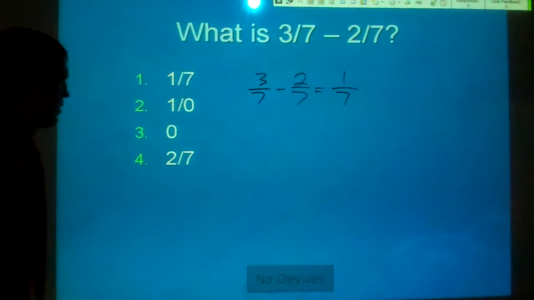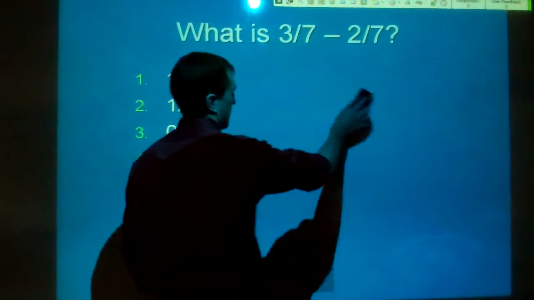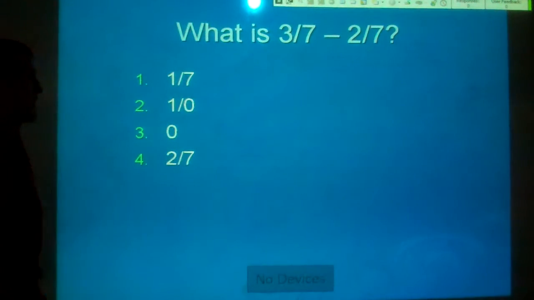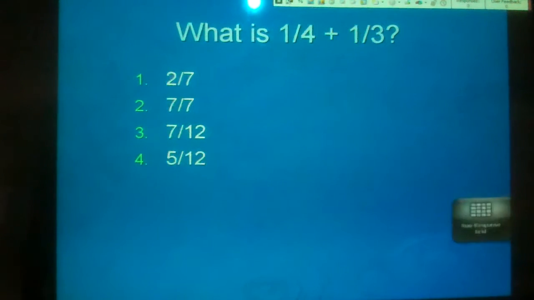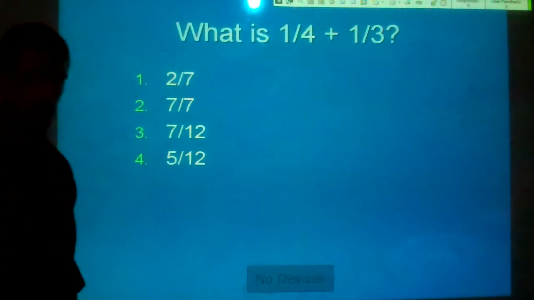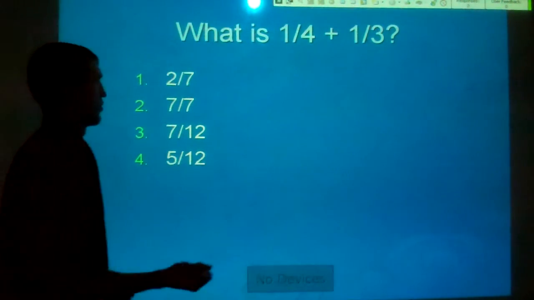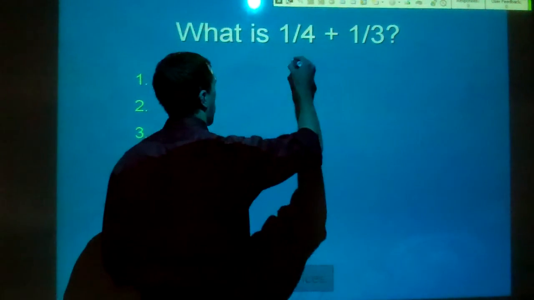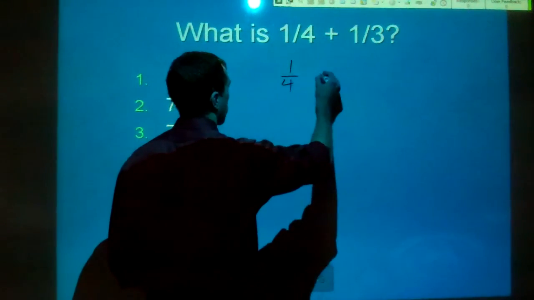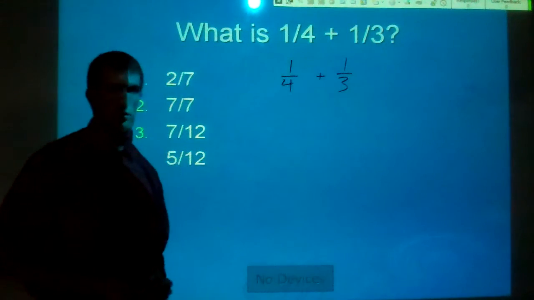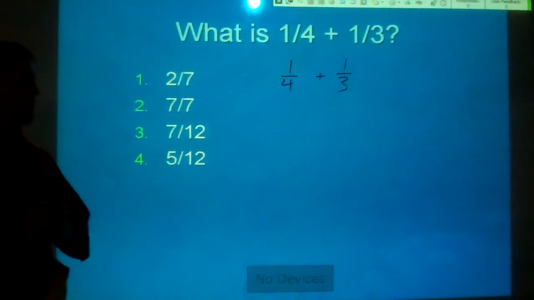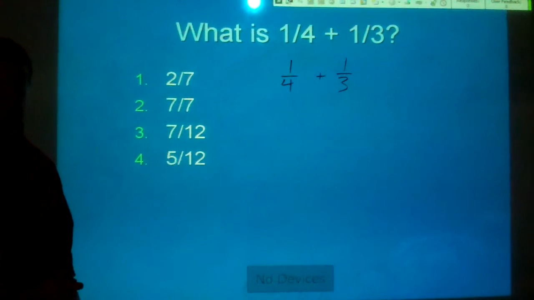Alright. Now, things aren't always going to be so easy. We're not always going to have a common denominator already. For instance, if we look at this one, we have 1/4 plus 1/3. We've got to figure out what that's going to be. First thing we have to do is get a common denominator.